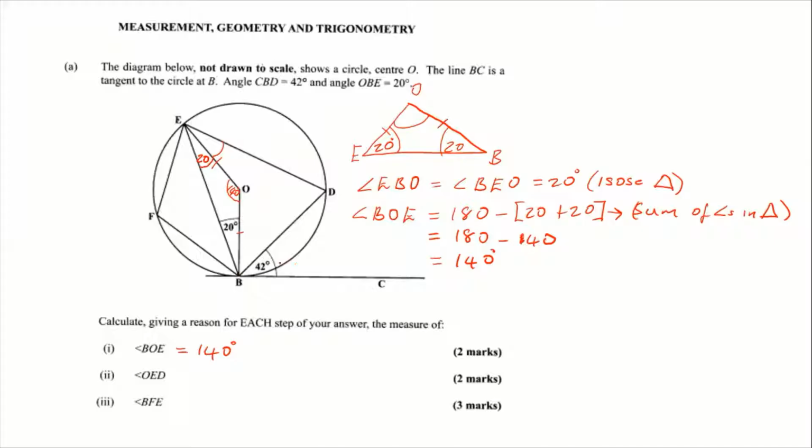Now, when you look at this, we could use the alternate segment to determine that angle here. Now, what is the alternate segment? They give us this angle right here, which is 42 degrees, and that is angle DBC. Now, this is the segment that angle is in, right? Which means that there is an angle in this diagram, sorry, which is equal to this angle outside.